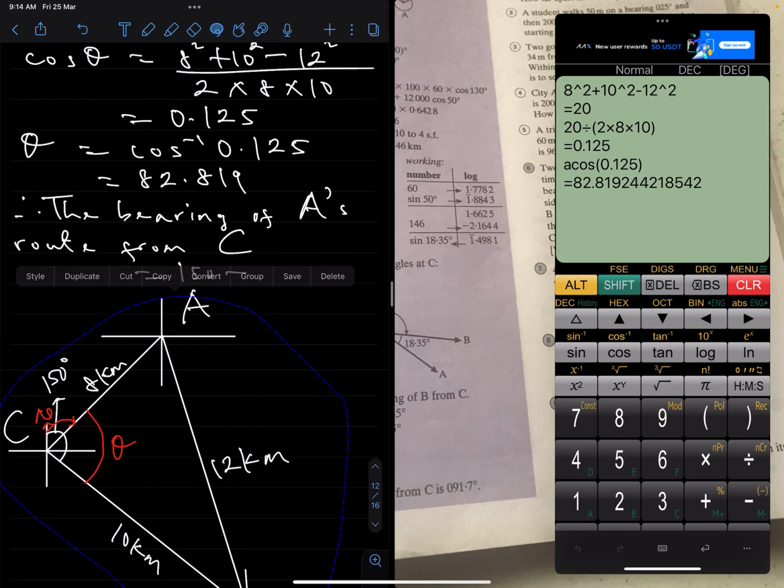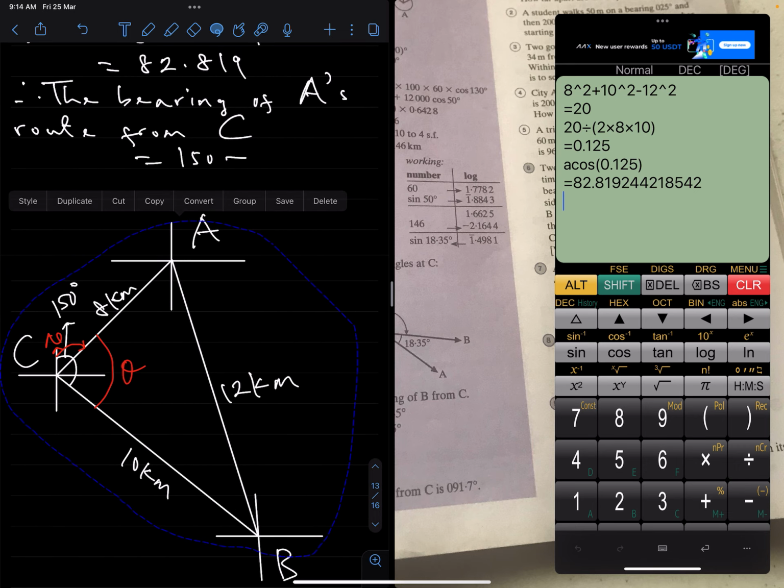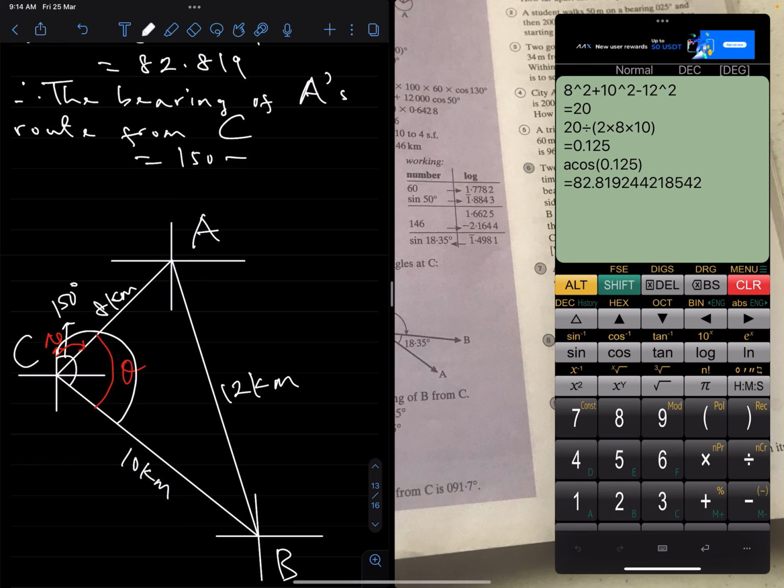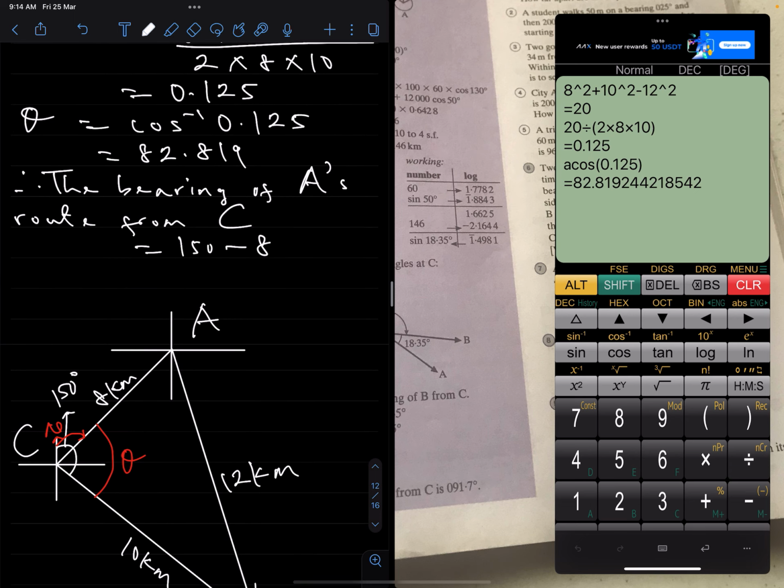The bearing of A's route from C is going to be the whole of this, which is 150 minus theta, which is 150 minus 82.819, and that's 67.181 degrees.